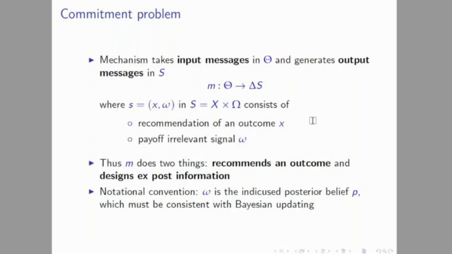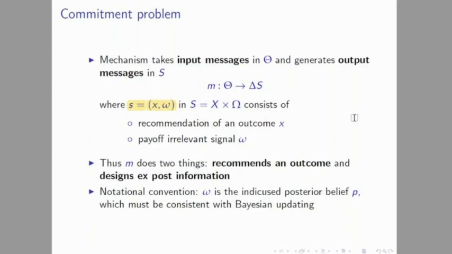A mechanism here is a mapping M that takes as input the types of the agents, or messages of the agents about their types, and then it generates as an output a message called S. And S is now a combination of two things. The first entry in S is a recommendation of a physical outcome that is to be implemented.